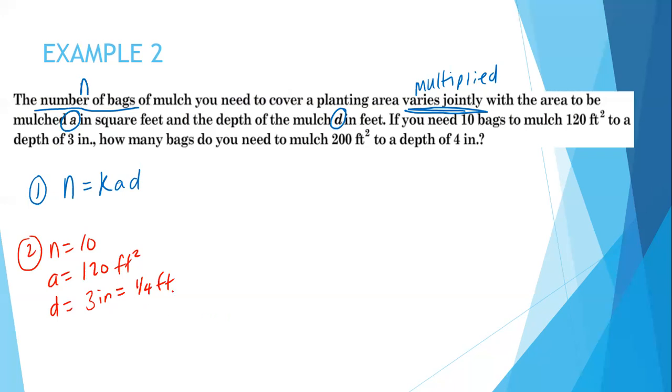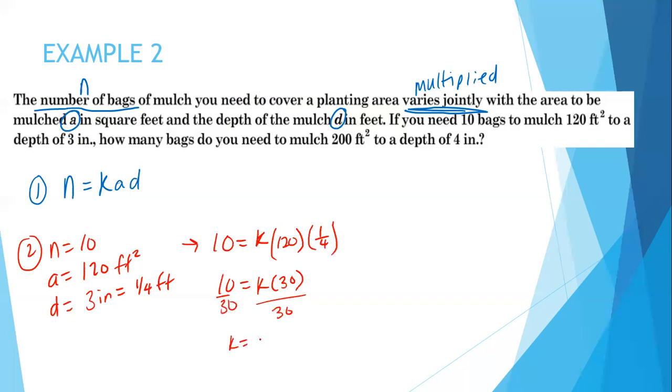So now my units are the same, so I can proceed to solve for K. I plug in everything. So I have 10 equals K times 120 times 1/4. So I have 10 equals K times 30. Divide by 30. So K equals 1/3.